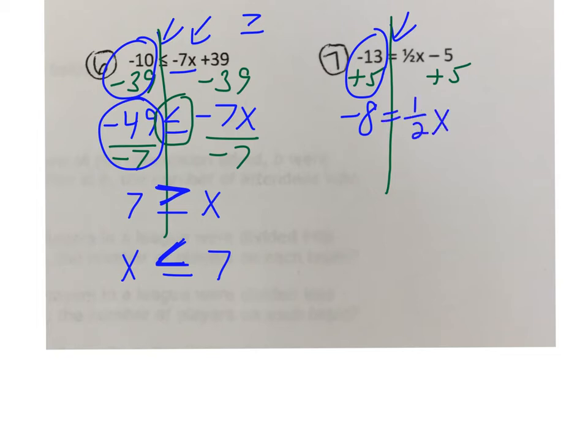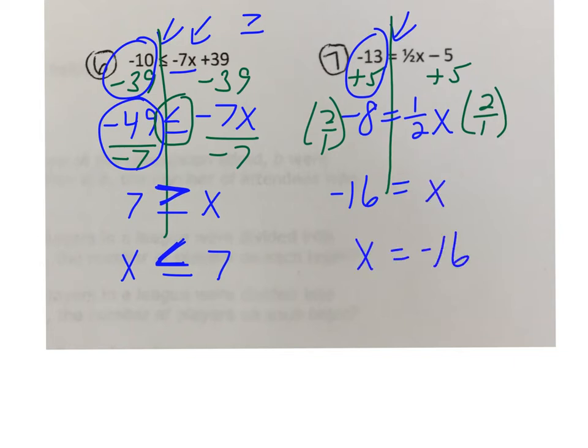Now in order to get rid of that 1/2, we have to multiply by 2 over 1, 2 over 1. What we then get is 2 times negative 8, which is negative 16. I don't need to worry about dividing by 1, and you get x. So that's the same as x equals negative 16.